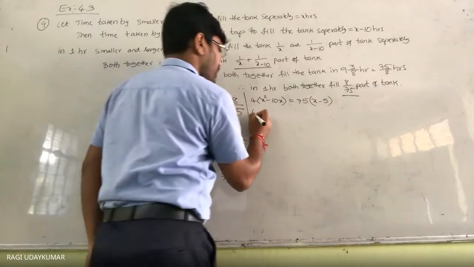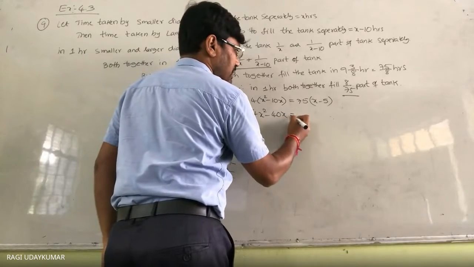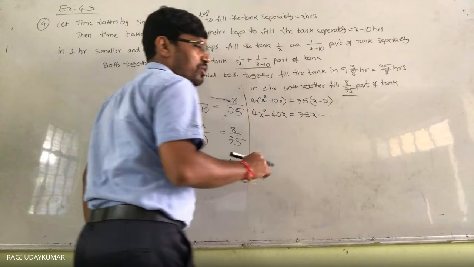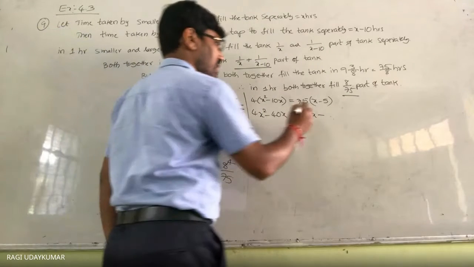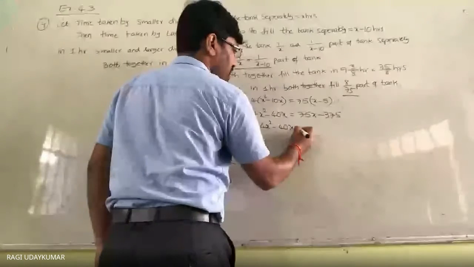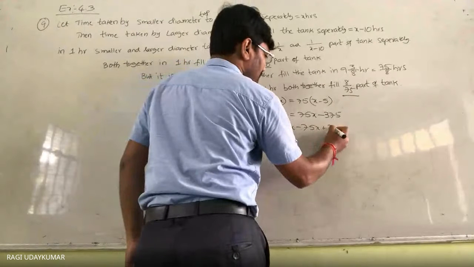So 4X square minus 40X is equal to 75X minus 75 into 5, which is 375. So these two terms you take to the left hand side: 4X square minus 40X minus 75X plus 375 is equal to 0.